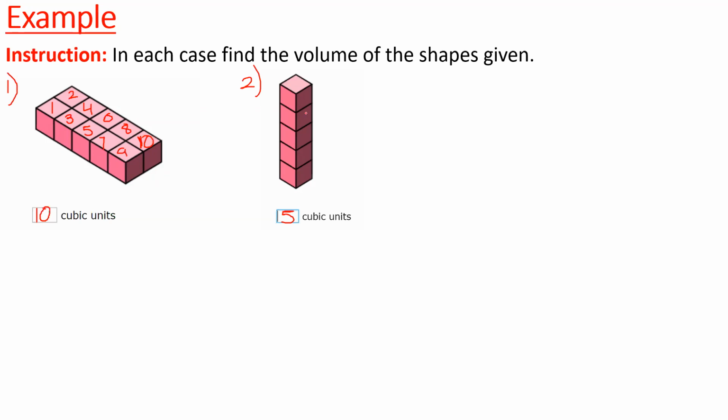Very good. So this is 1, right? This is 2. This is 3. This is 4. This is 5. So when they give you something like this, it basically boils down to counting how many cubic units you have, right? For these types of questions. All right. So these shouldn't be hard. These ones shouldn't be hard.